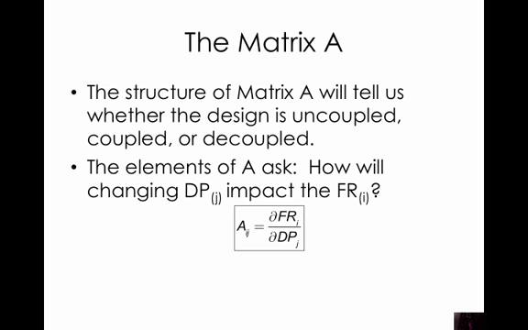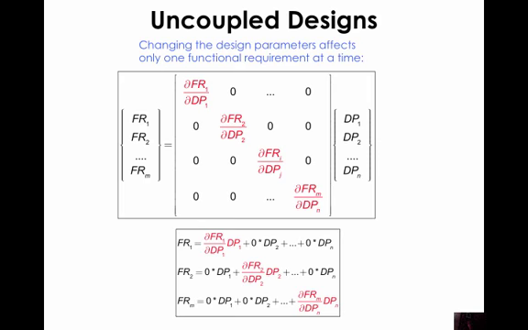So the way we say that mathematically is we hold everything else constant and we change only one thing at a time. So we look at this functional requirement 1, take the partial derivative of that requirement with respect to the first design parameter, and see what happens to the remaining functional requirements. Well, when a design is uncoupled, which is the ideal design, we'll end up with a design matrix that looks like the one shown here, where we only end up with terms on the diagonal of that matrix.